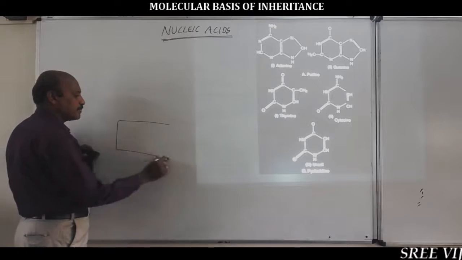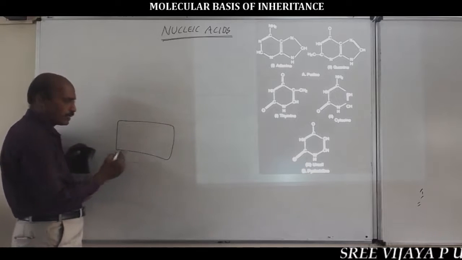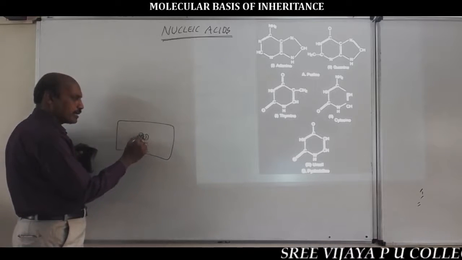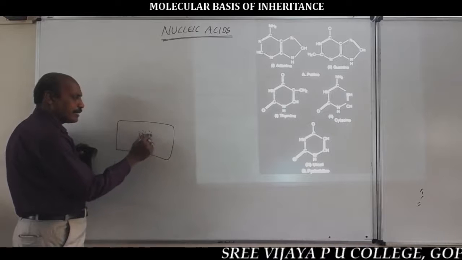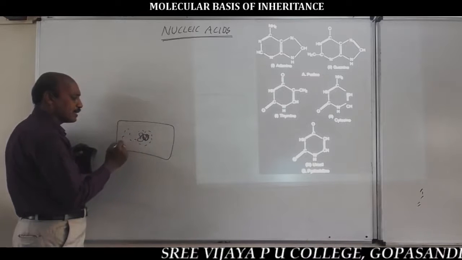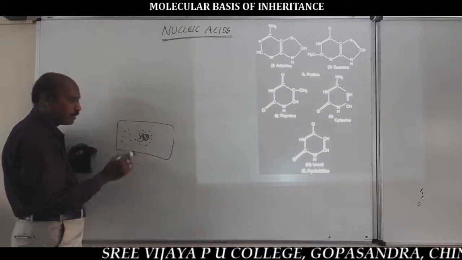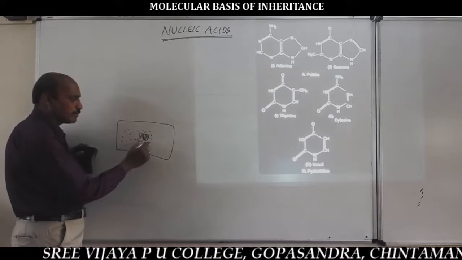For example, in bacteria, the DNA is directly deposited in the cytoplasm of the cell due to the absence of a nuclear membrane.